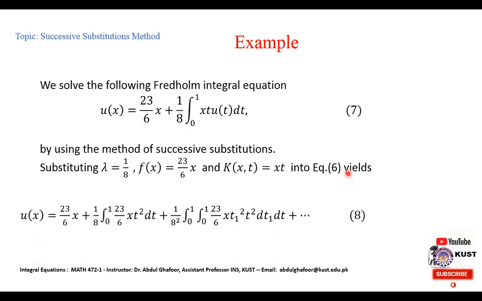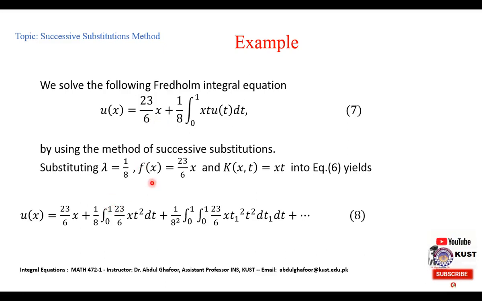You saw in the previous slide that the first term in equation 6 was f of x. So we replace that f of x with 23 by 6x. The second term in equation 6 was lambda integral from a to b k of xt f of t dt.